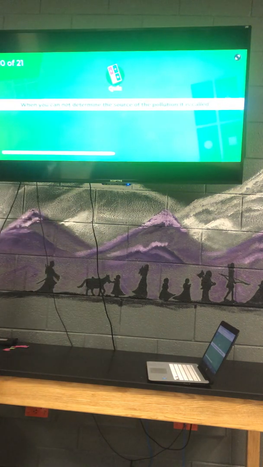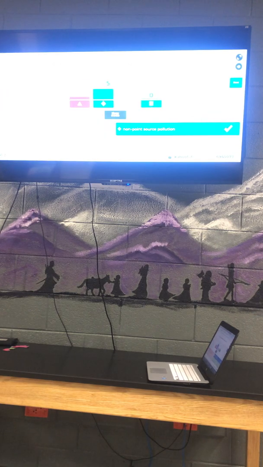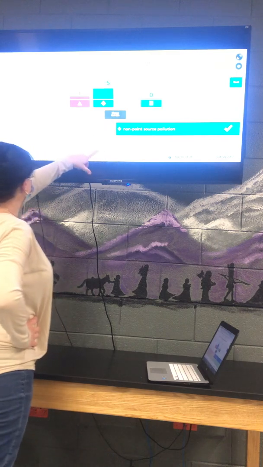When you cannot determine the source of a pollution, it is called... okay, so you guys did a really good job on that one.